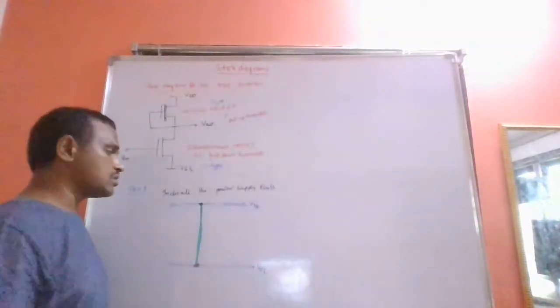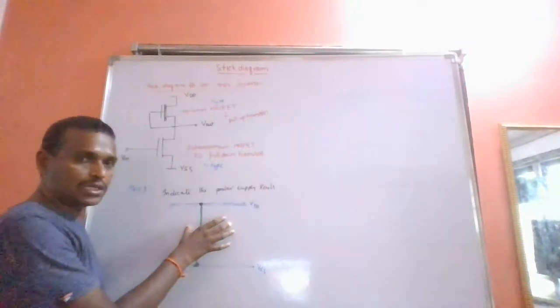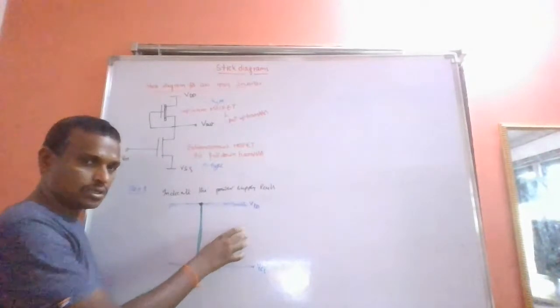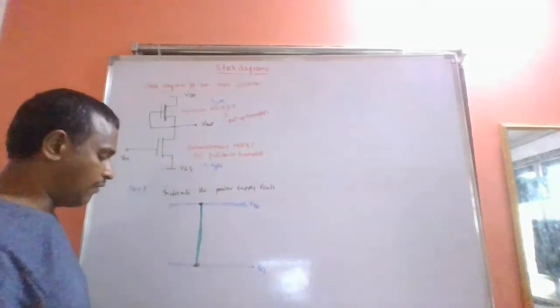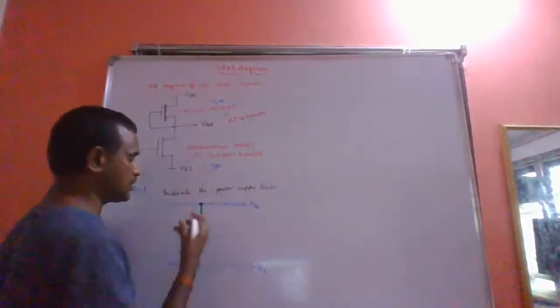Now, whenever an N diffusion is crossed with the polysilicon, there will be a formation of an NMOS transistor. So similarly here, I will cross this N diffusion with polysilicon.